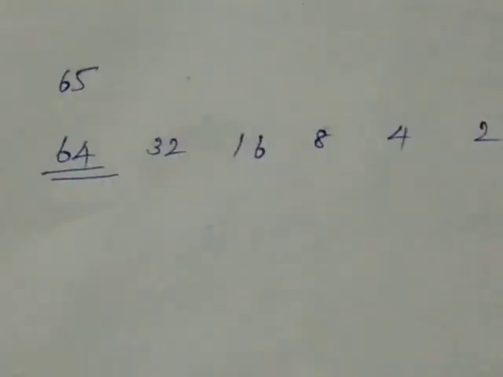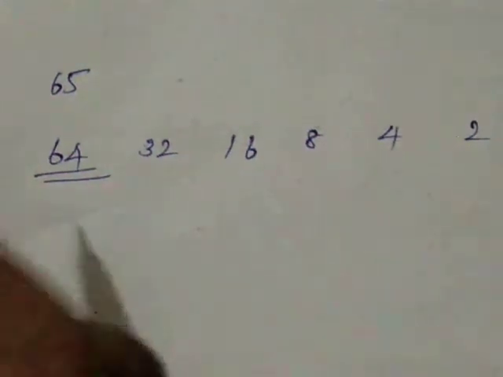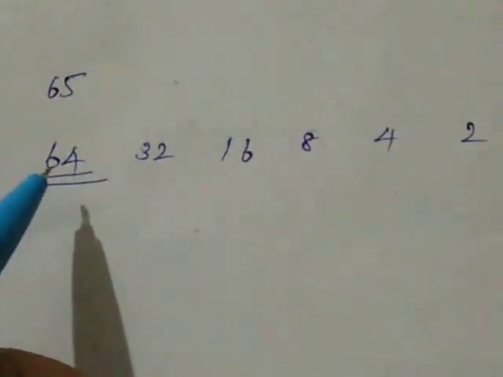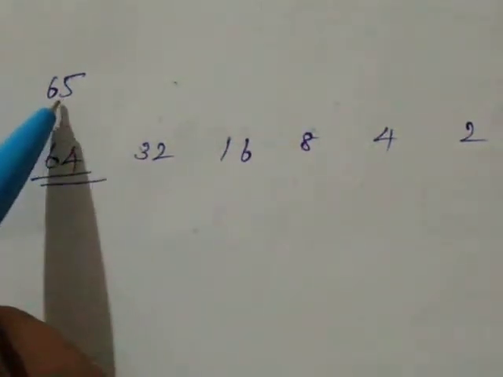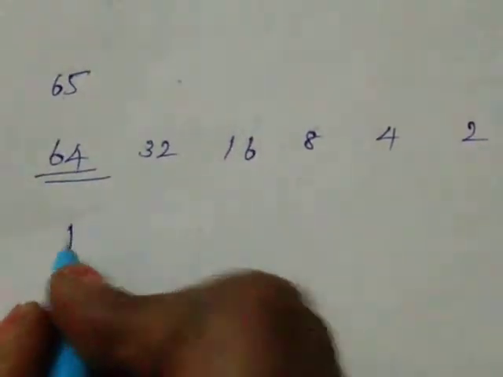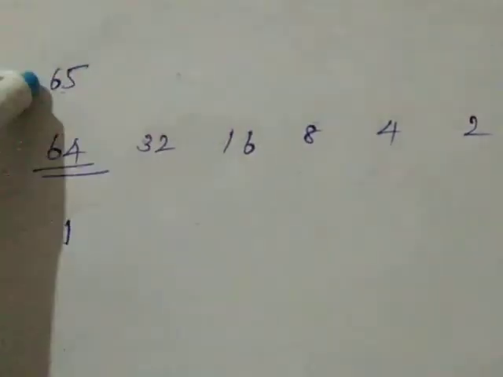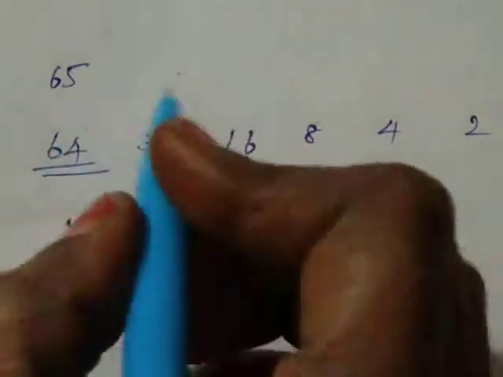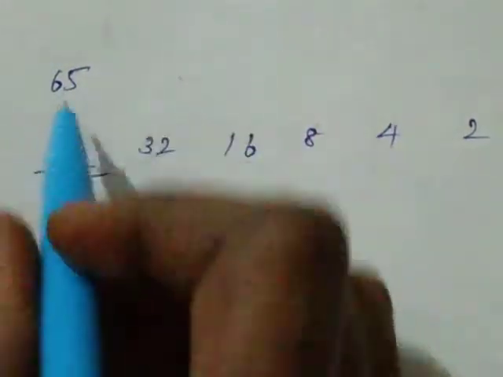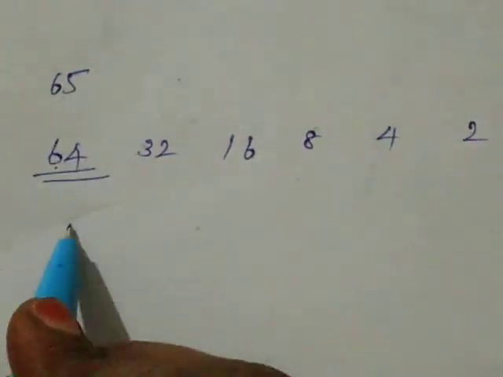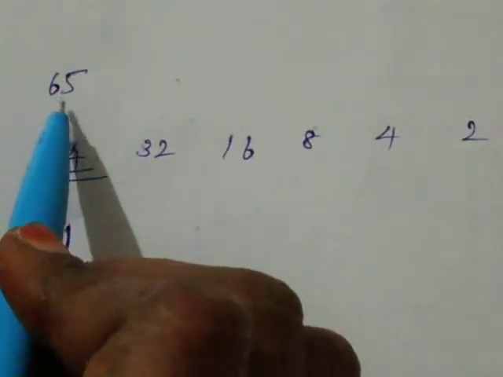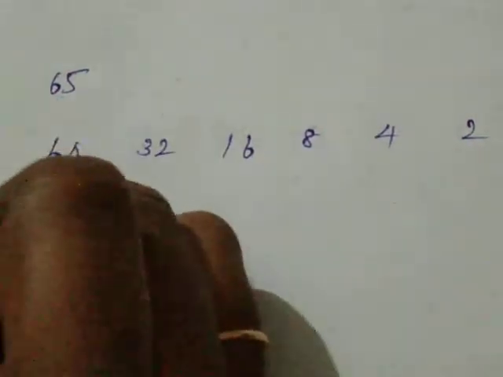If we are taking 65, 65 is greater than 64, so we can subtract 64 from 65, and if it can be subtracted we put 1. 65 minus 64 gives 1.